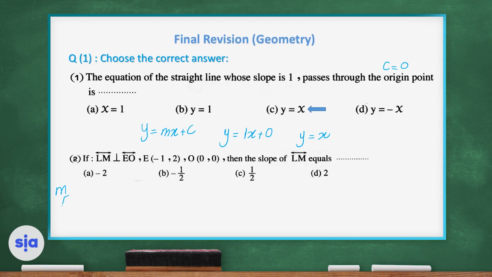The slope of EO is y2 minus y1 over x2 minus x1, so the slope of EO is -2. Given that LM is perpendicular to EO, the slope of LM is the negative reciprocal of the slope of EO. So the slope of LM is positive half. Then in question 2, the choice is choice C.